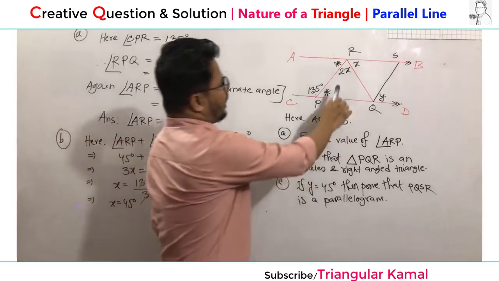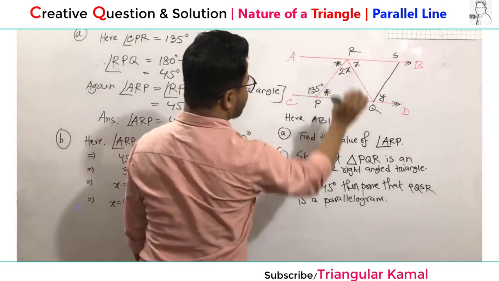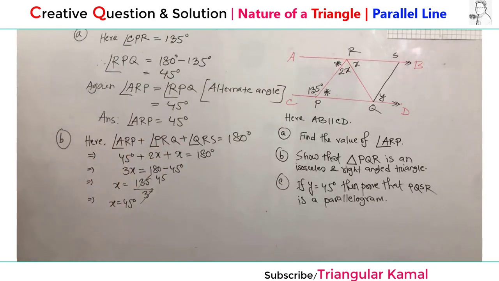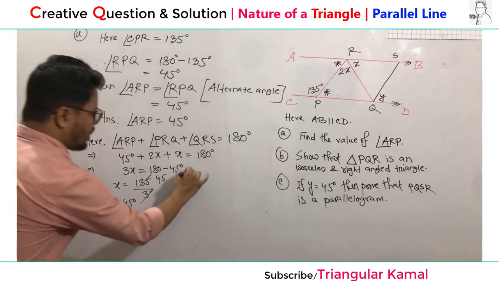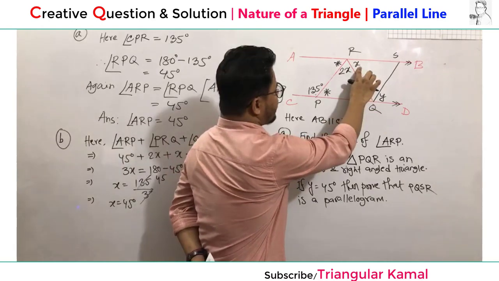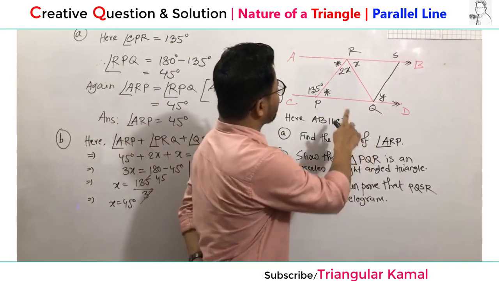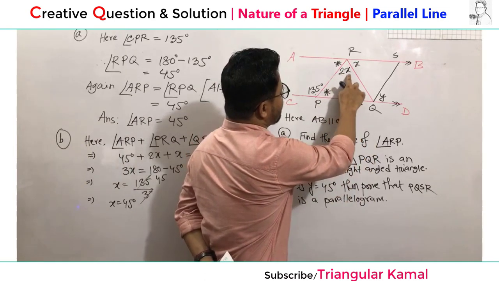So if the value of x is 45 degree, finally we can find 2 times x. The value of x is 45 degree, so this is 2 times 45 degree.